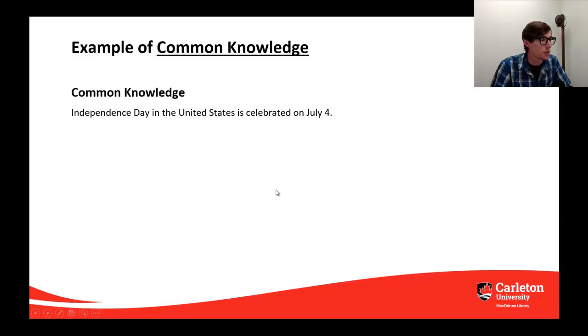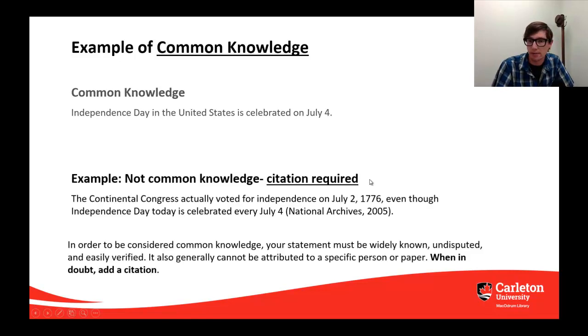So here's an example of common knowledge. Independence Day in the United States is celebrated on July 4th, and there is no debating that. If we change the information a little bit, here's an example of not common knowledge, and this is where a citation would be required. The Continental Congress actually voted for independence on July 2nd, 1776, even though Independence Day today is celebrated every July 4th, and that is taken right from the National Archives from 2005.